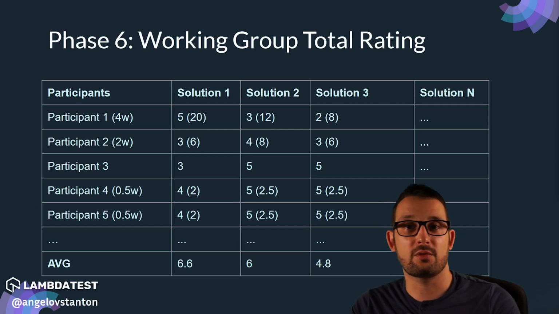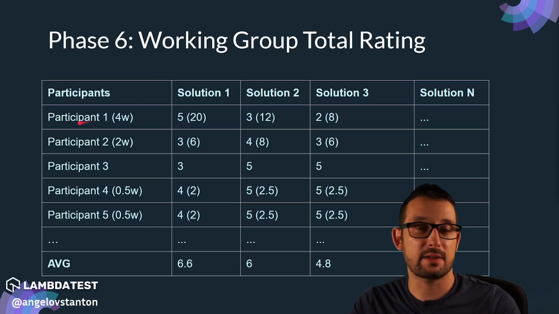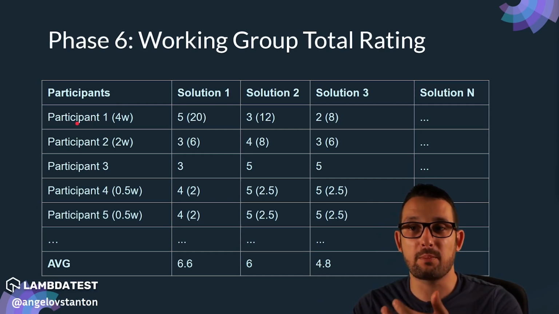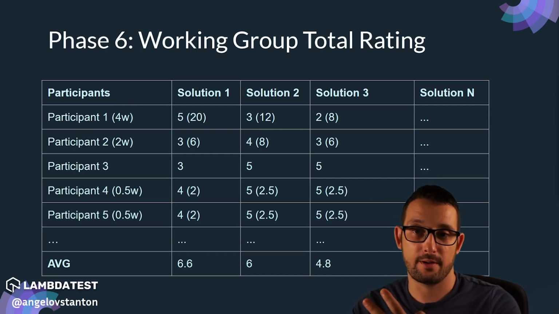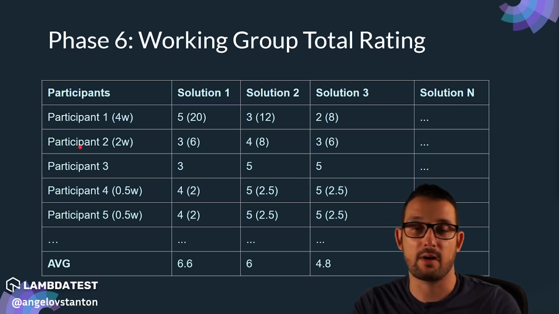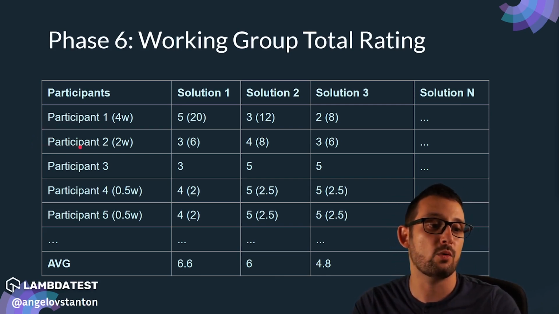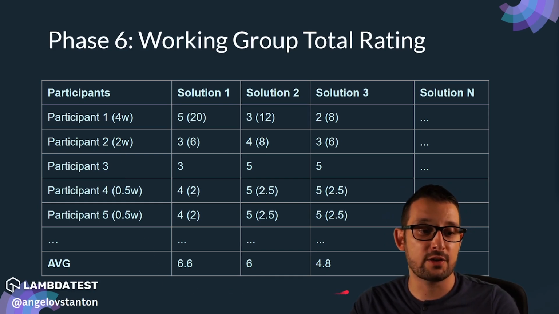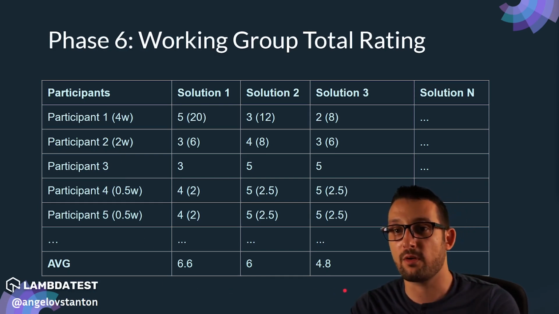In the example on the first row here, participant 1 is the QA lead, which is why we multiply all scores by 4. And here you can see that participant 2 is like a principal, right? And this is why we multiply by 2. And then you have your average from all participants for all of the frameworks.